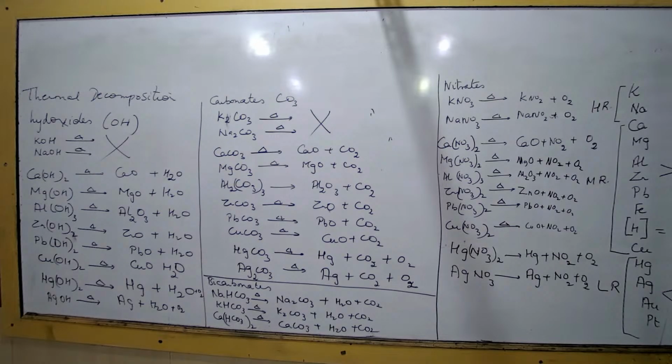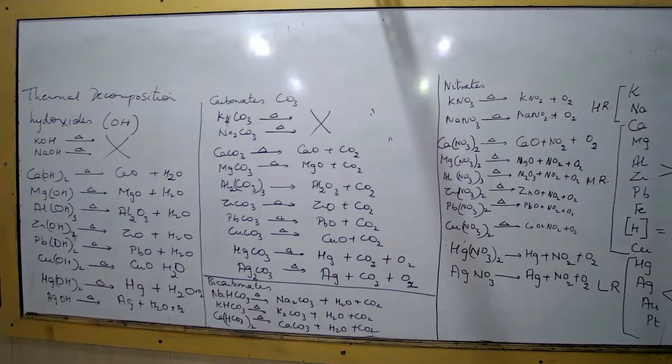PbO is yellow when hot and yellow when cold. ZnO is yellow when hot, white when cold. That is the difference. How will you differentiate between zinc carbonate and lead nitrate? Is this clear? If they ask how you will differentiate between zinc nitrate and lead nitrate, both of them give you the metal oxide.